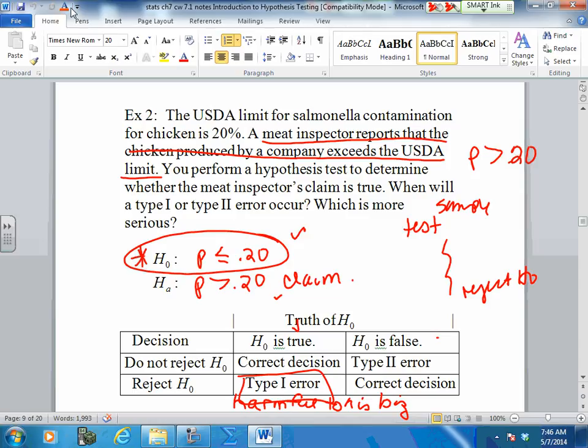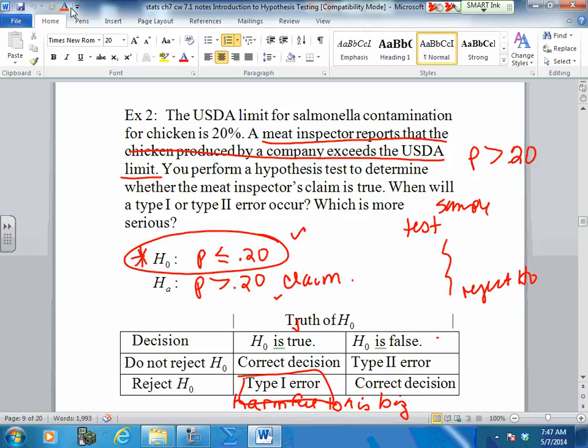But what if it was really true that there was less than 20% contamination, and we said, no, there's more. We caused an error here. Our error is we claimed this guy had more than 20% contamination. In fact, he doesn't. He was within the limits, but our data shows he's above the limit.